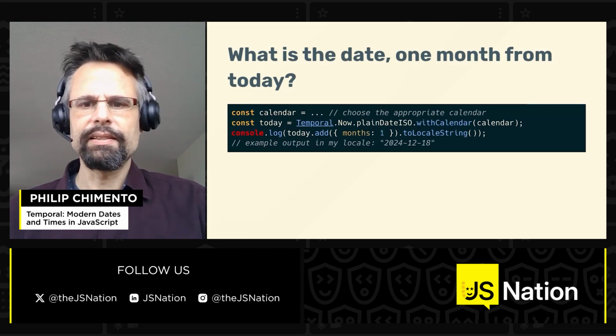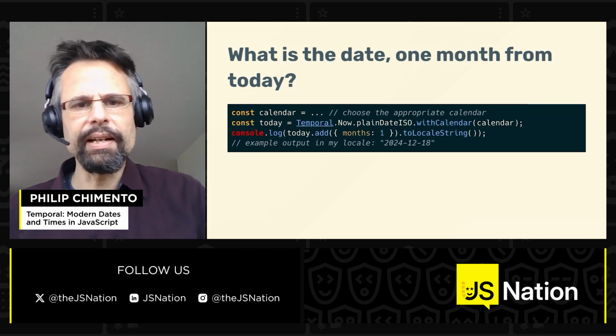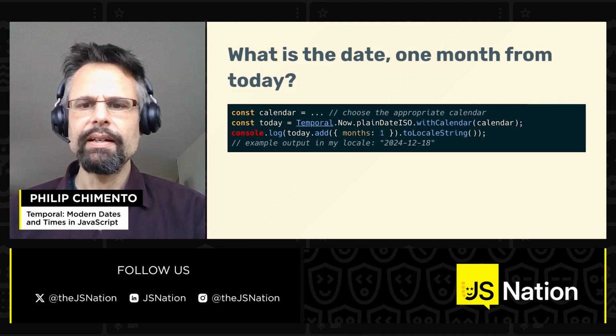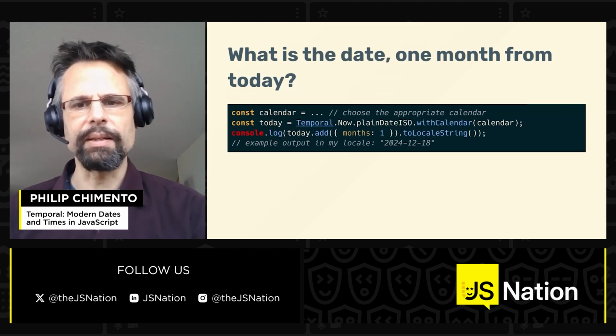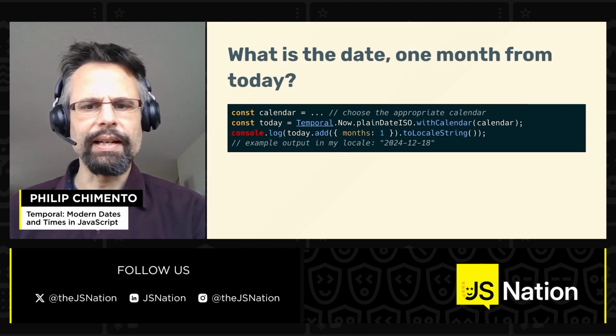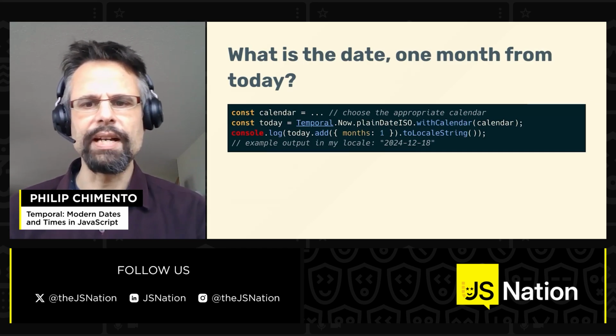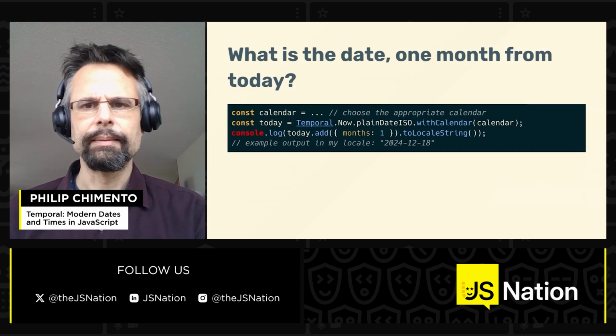And then you can get today's date in that calendar using Temporal.Now.plainDateISO, put the calendar in it using the withCalendar method. Then you can add 1 month to it using the add method, and then you can format it for the user with the toLocaleString method. So here's an example of what that looks like in my locale, the example output: 2024-12-18.